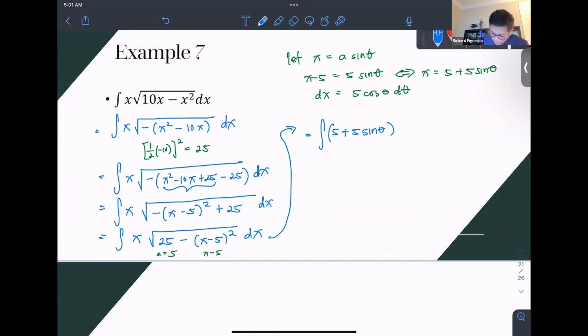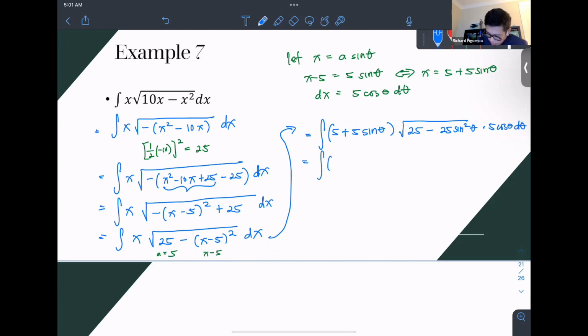And then we have the square root of 25 minus our x minus 5, which is 5 sine theta. Then square it, so it's 25 sine squared theta. Then multiply it with dx. Our dx is 5 cosine theta d theta.